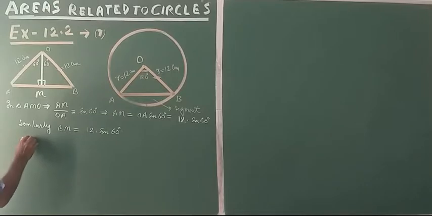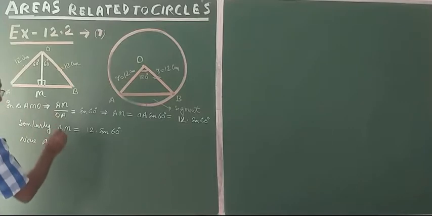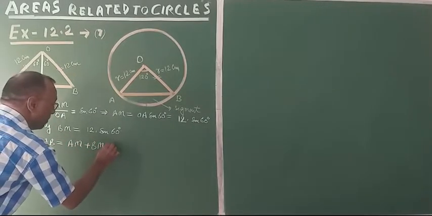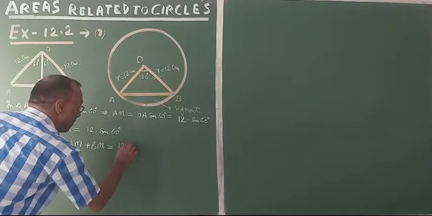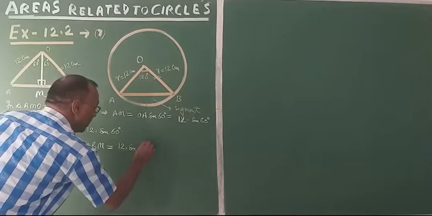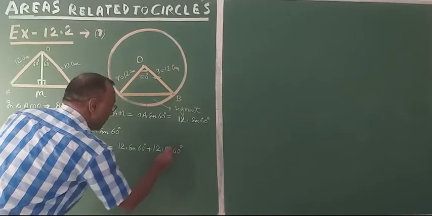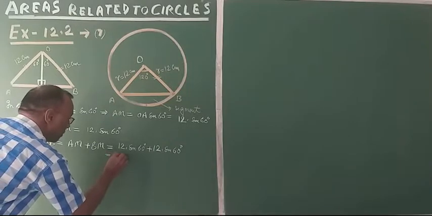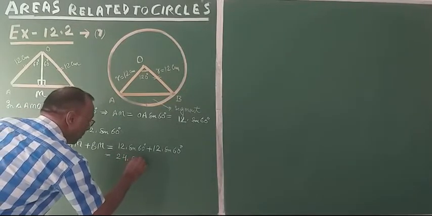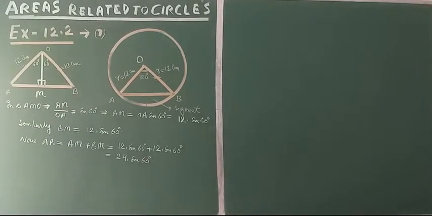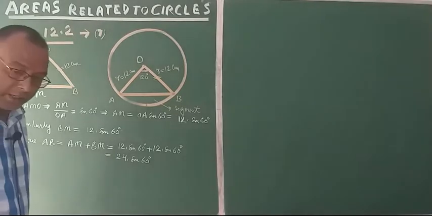Now length of AB will be equal to AM plus BM, that is 12 into sine 60 plus 12 into sine 60, and this will become 12 plus 12, 24 into sine 60 degree, and then we can put the value of sine 60.